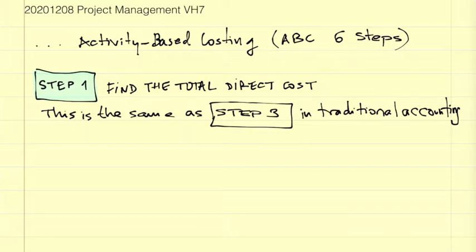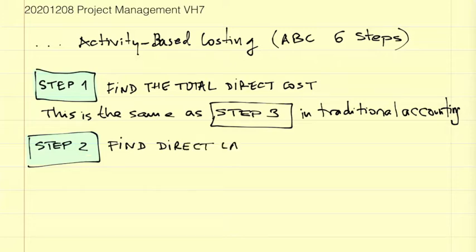We go to the step 2, and this is a little bit different. You look at your notes from the other day. The step 2 is to find the direct labor and material cost per unit.